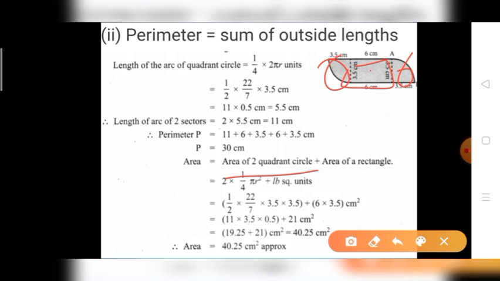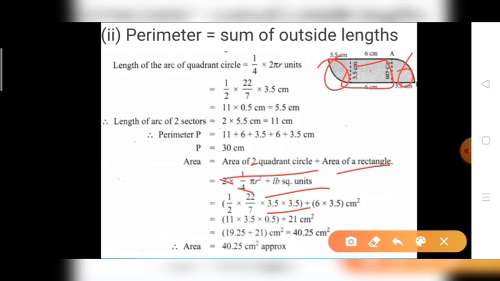Area of two quadrants: 2 into the quadrant formula, 1 by 4 into pi r squared, plus area of the rectangle, L into B. Then the 2s cancel, half into pi value 22 by 7, r value 3.5 into r squared, 3.5 into 3.5, plus length 6 into breadth 3.5 centimeter square.